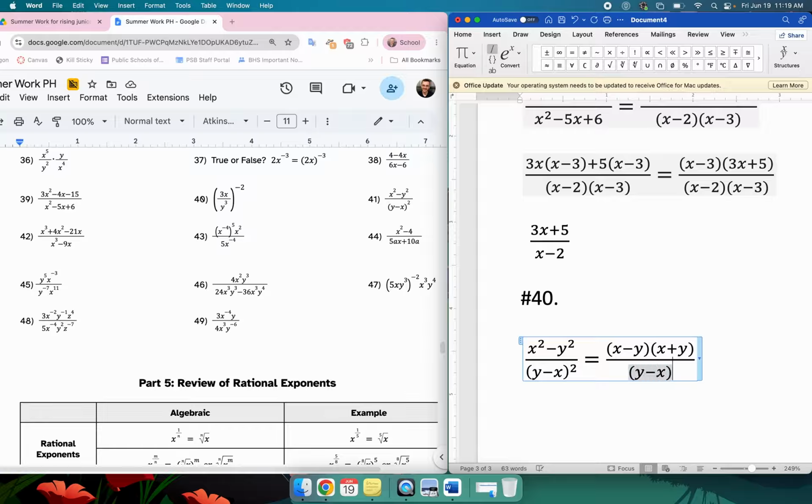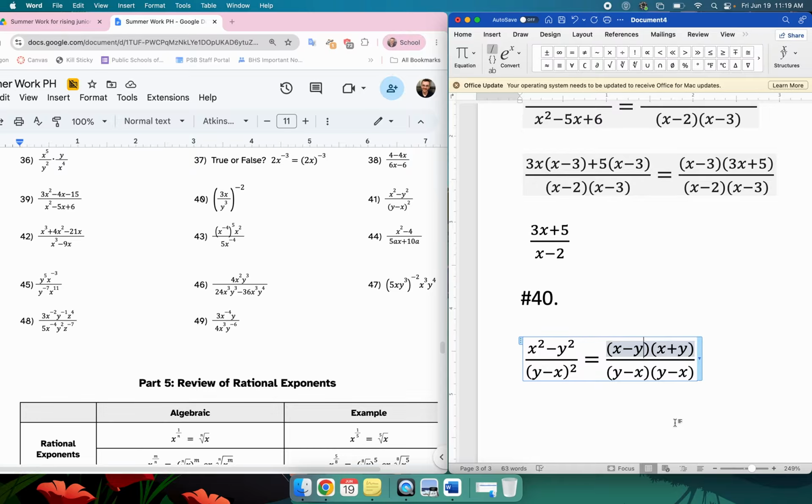You can think of that as y minus x times y minus x. And you might say to yourself, can I cancel anything here? Because in the numerator I have an x minus y, and then in the denominator I have a y minus x. And maybe I can cancel those things.